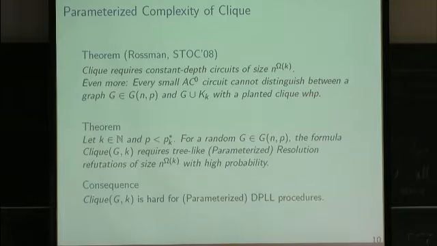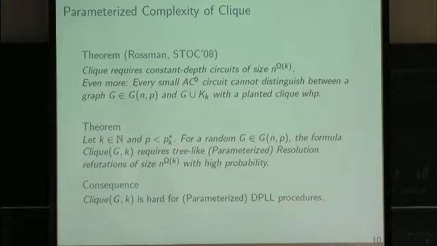So this next result that Stefan was already mentioning is some kind of orthogonal result, because it looks instead at a family of algorithms, namely DPLL style algorithms, and tells you that this computational problem, encoded in the natural way as I explained before, is hard for parameterized resolution and therefore also for parameterized DPLL procedures.